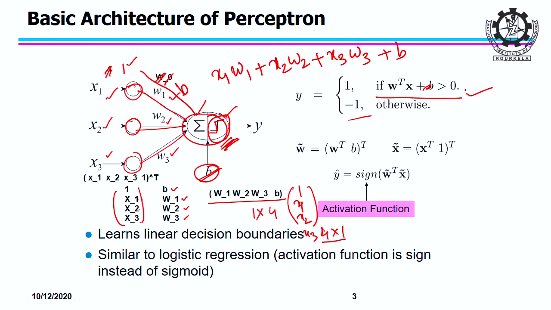Now, if this value is greater than 0, then we will say it is the positive class, otherwise it is the negative class. The same thing is written here.